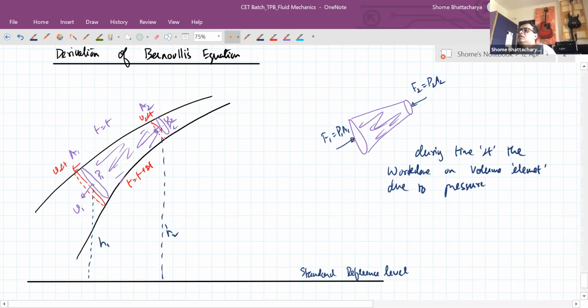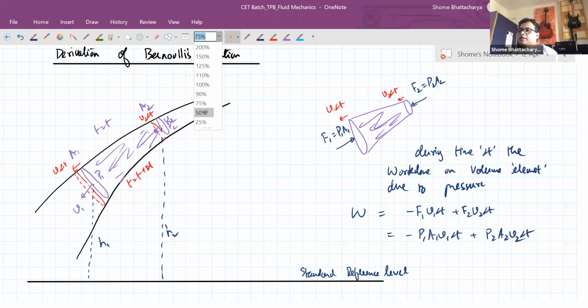Now you can see that this section where F1 is acting is moving in this direction by a displacement of V1 delta T, whereas this is moving in the same direction as the force as V2 delta T. So F1 is doing negative work, whereas F2 is doing positive work. And we can see that this is P1 A1 V1 delta T, P2 A2 V2 delta T.